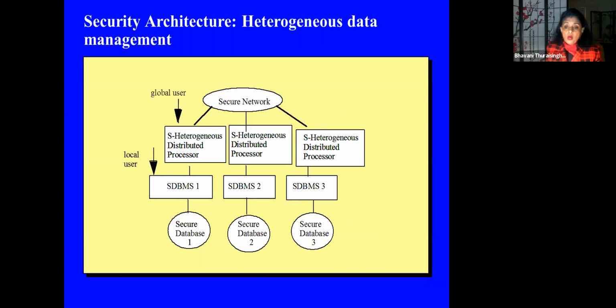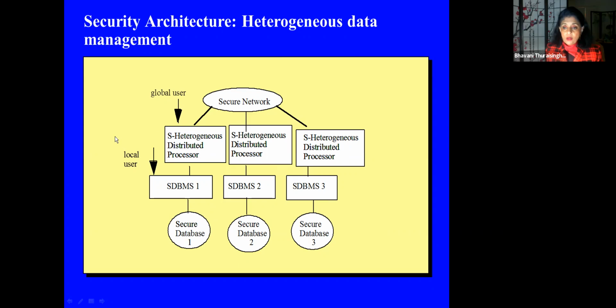Okay, so just like earlier, when I said integrating distributed databases securely, similarly you have heterogeneous database systems. Site 1 has secure database system 1, site 2 has secure database system 2, and site 3 has secure database system 3, and they have secure databases 1, 2, and 3. Of course, they are all connected through this secure heterogeneous distributed processor.